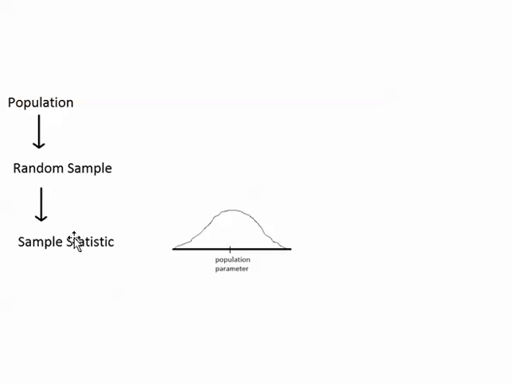If the sample statistic is a sample mean, then the rule is that the sampling distribution is always normal if the population is normal, and the sampling distribution is at least roughly normal, always, if the sample is 30 or larger. That's the central limit theorem that we talked about in another video.